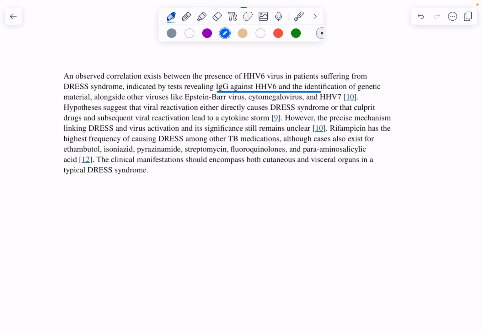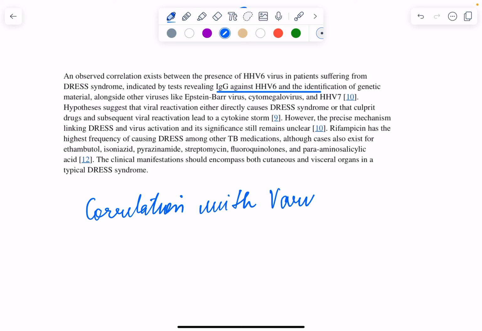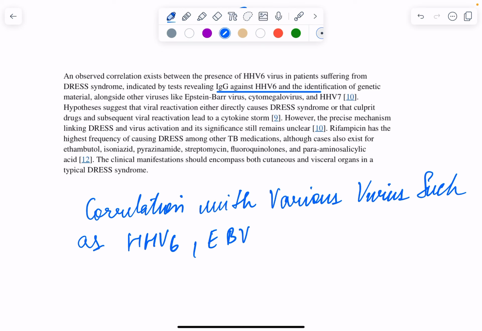I can write: correlation with various viruses such as HHV6, Epstein-Barr virus, cytomegalovirus, and HHV7 is seen with the syndrome.